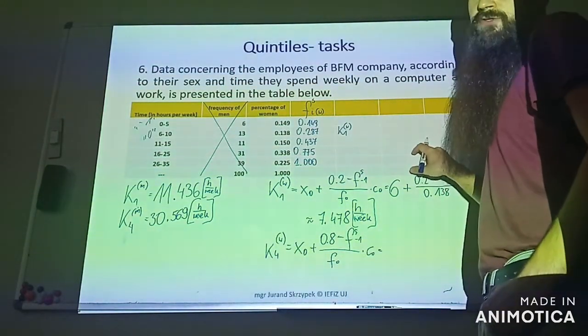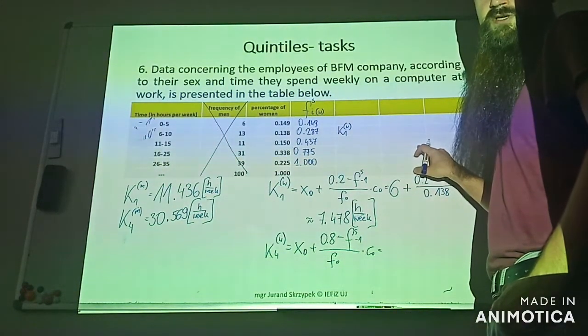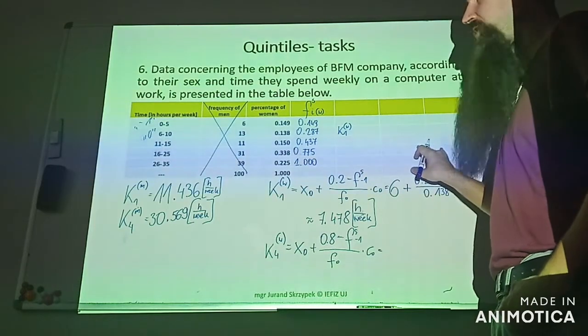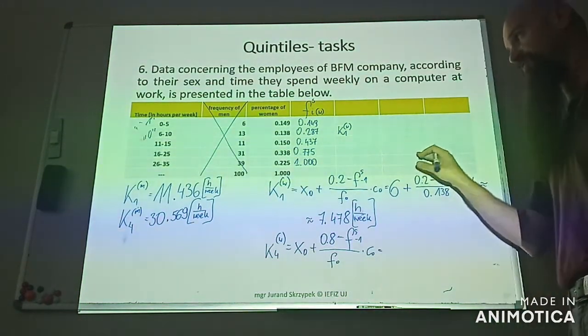Here we are looking for the class in which we have a value greater than 0.8 for the first time.